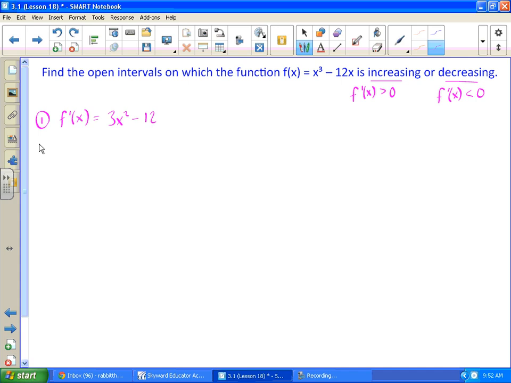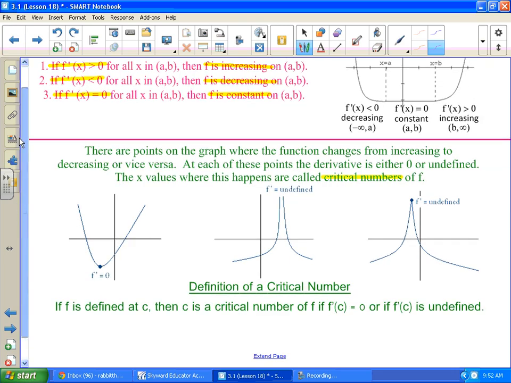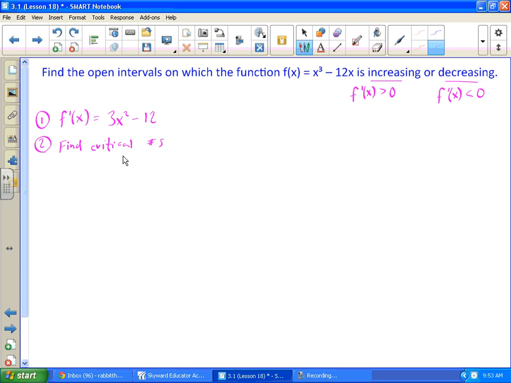Okay, now the second thing I'm going to do is find the critical numbers here. So how do I find the critical numbers? What did it say critical numbers were? 0 or undefined, right, where the derivative is.